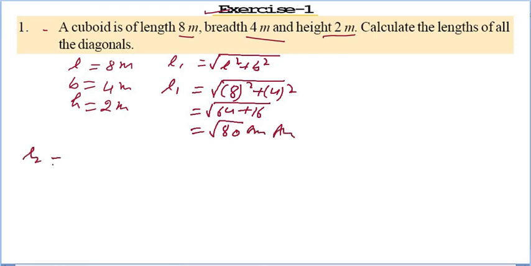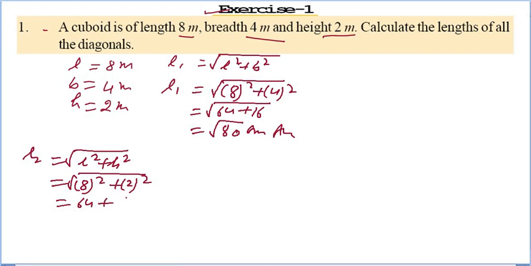Now come to the second diagonal. It is the L square plus H square. So L is 8 whole square and H is 2 whole square. So it is 64 and 4. So that one is the under root 68 meters. So it is the second answer.